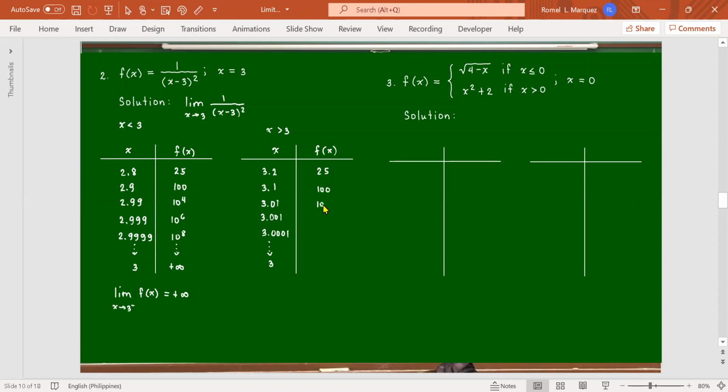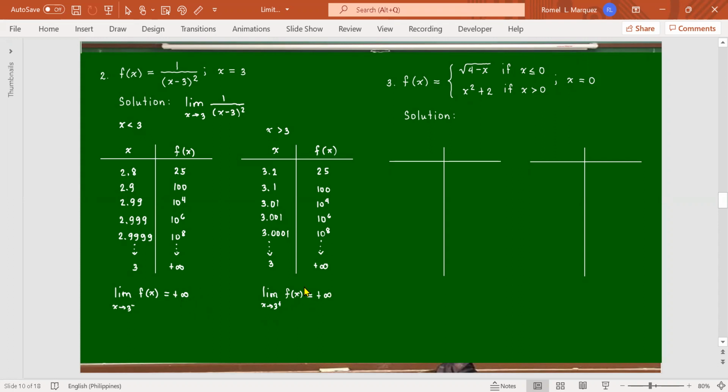And it is 10 to the fourth when x is 3.01, 10 to the 6 when x is 3.001, and 10 to the 8 when x is 3.0001. So what's the trend, guys? The values keep on growing also, positively. So we say that the limit of f of x, which is 1 over x minus 3 quantity squared, as x approaches 3 from the right is equal to positive infinity also.